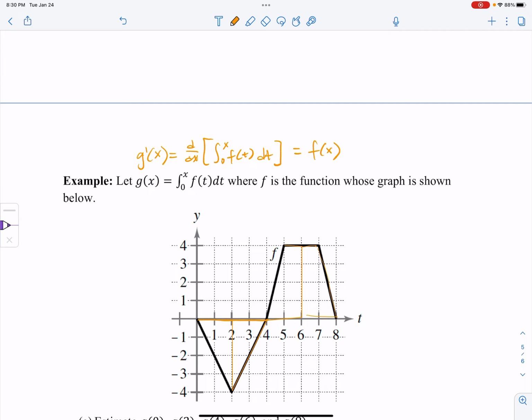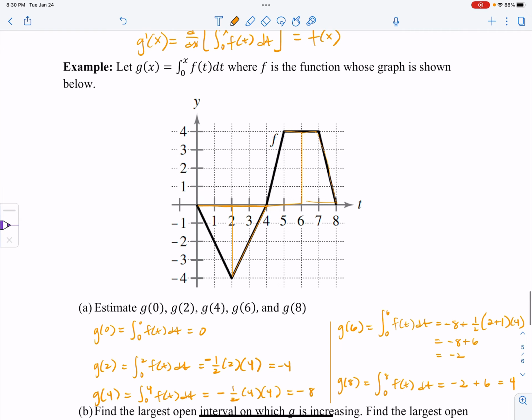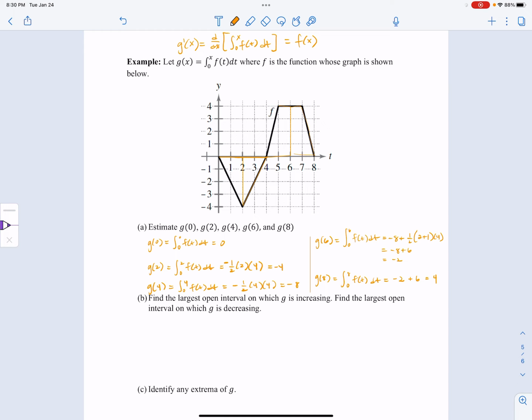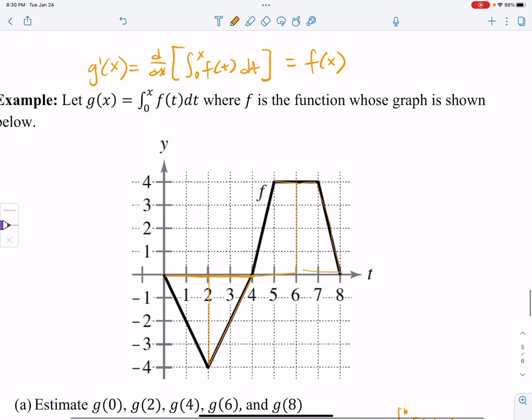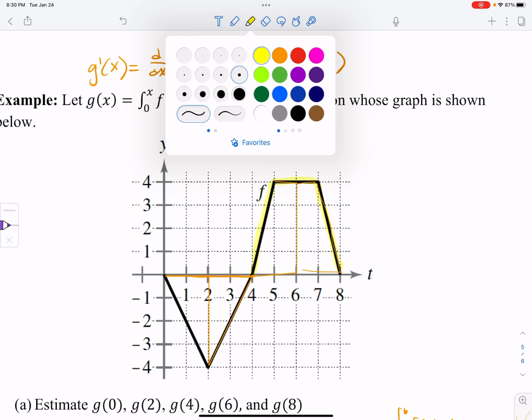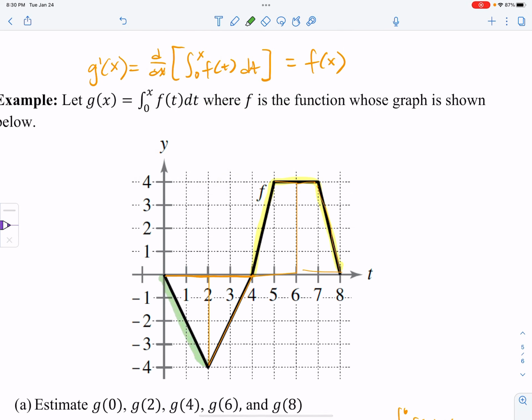We have the graph of f in front of us, right? So we can see that g prime is positive on the open interval from 4 to 8, and we can see that g prime is negative on the open interval from 0 to 4.